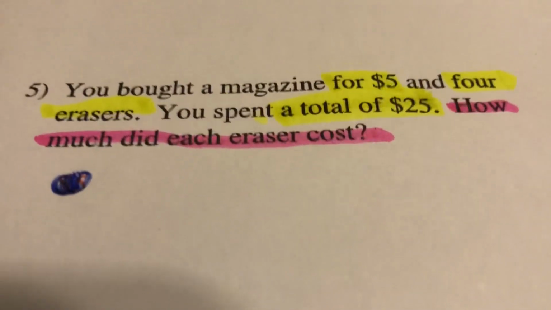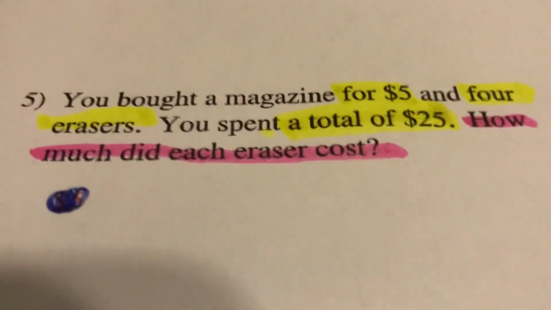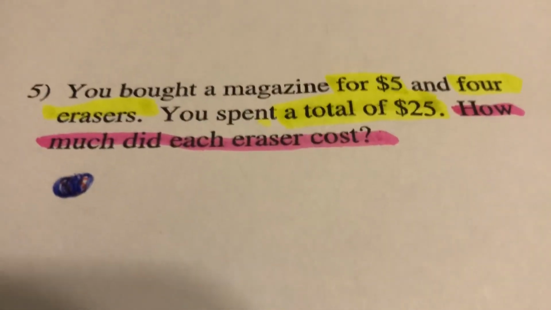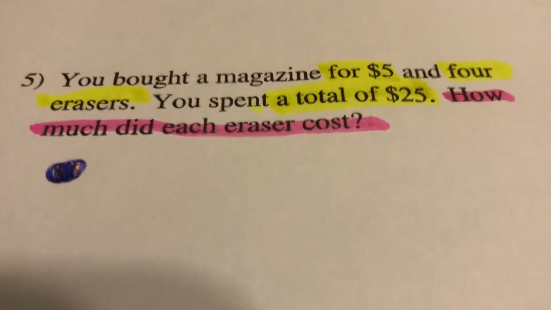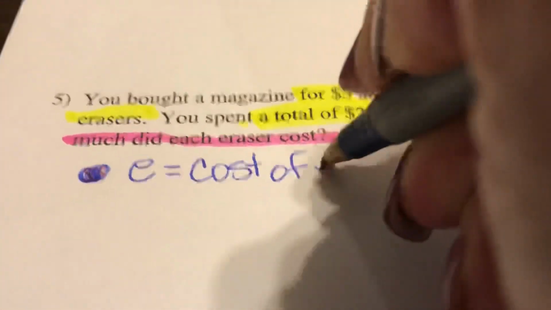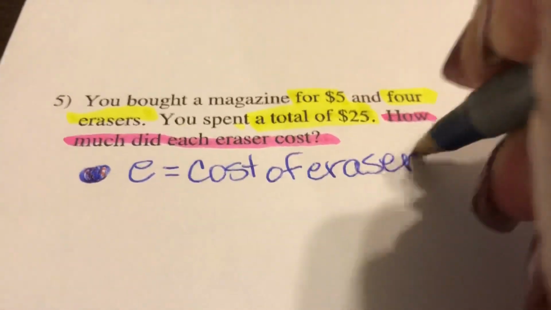So that is our problem, and that's the information that they've given us. So what I'm trying to find out is how much each eraser costs. That's what I don't know. So that's also going to be my variable. So I'm going to put E is equal to cost of eraser because that's what I'm solving for.